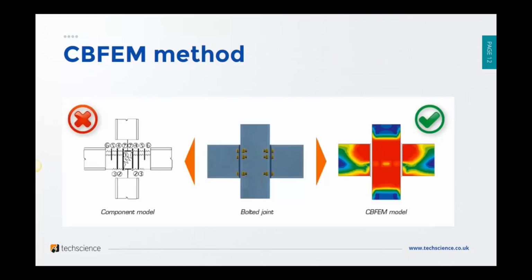As you can see here in this slide, CBFEM is based on the decomposition of the whole joint into separate components: steel plates, welds, bolts, anchors, or concrete blocks. And each component has its own analysis model. 2D plates and walls are finite elements, and we use a shell model for that.